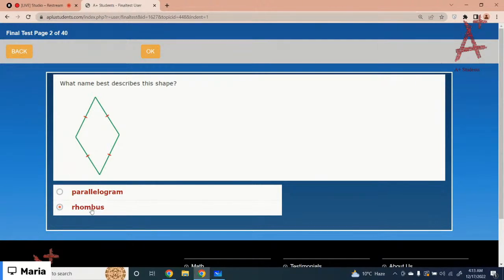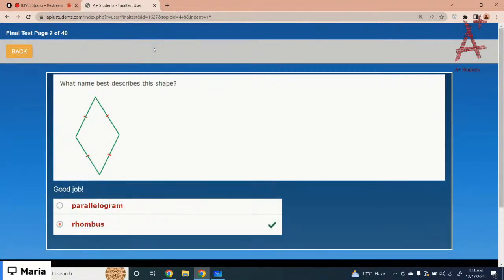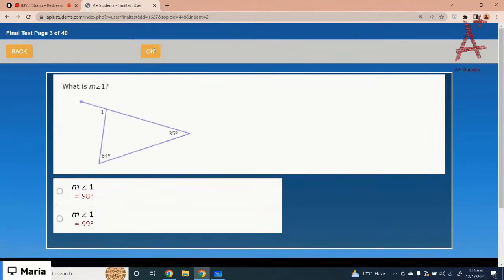A parallelogram has two opposite sides parallel and congruent. So a rhombus has all four sides equal in length.